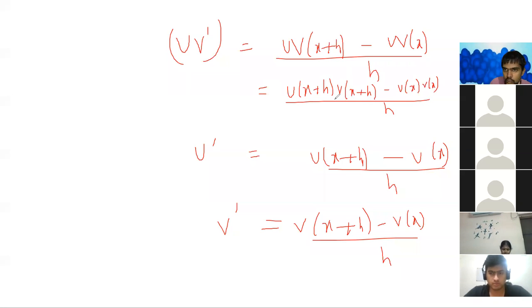So, I want to find u of x plus h into v of x plus h minus u of x, v of x. Can I multiply these two? If I multiply these two equations, what will I get?